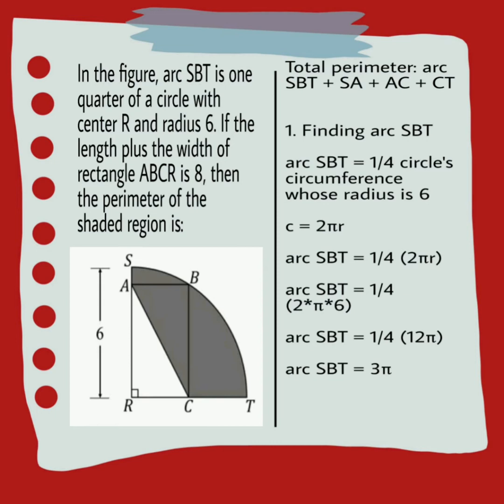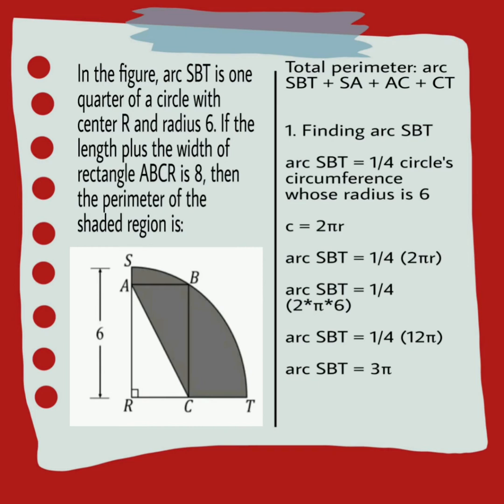We know that the circumference of a circle is 2 times pi r, or pi times the diameter, and the diameter is just 2 times the radius. That's one we're going to want to know by heart. For SBT, the radius is 6. Radius times 2 is 12, and then times pi. So 12 pi is the circumference of the whole circle.